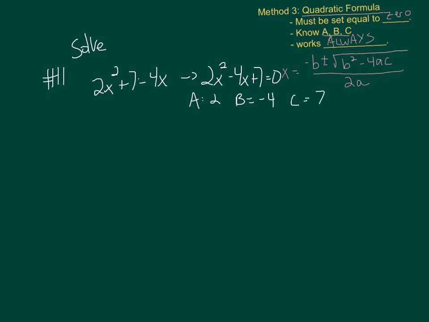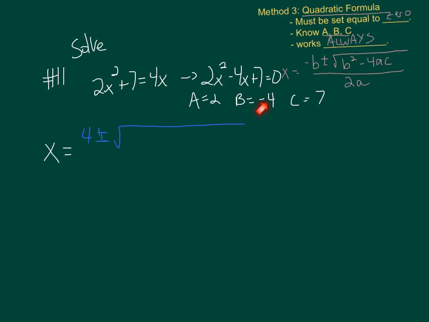By the way, if there's a GCF, pull it out to make your life easier. So here we go. The quadratic formula says x equals opposite of B. Well, the opposite of negative 4 is positive 4. So let's put positive 4 plus or minus square root of b squared.